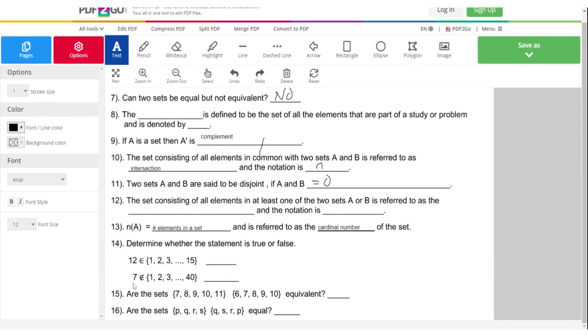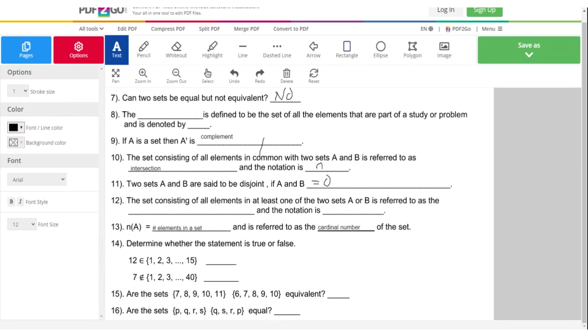All right, so how do you determine whether something is an element? Is 12 an element of that set right there? Even though it's not physically in there, it's going 1, 2, 3, so that's establishing the pattern, and then it tells you the last one.